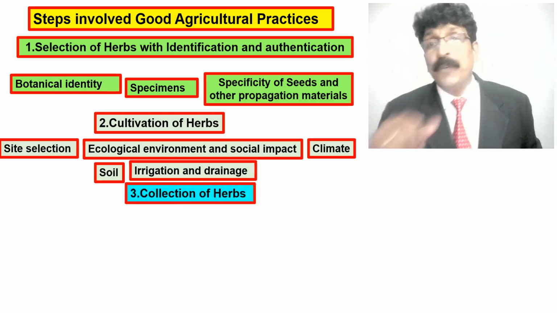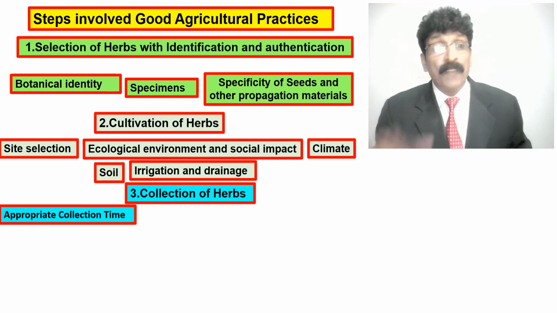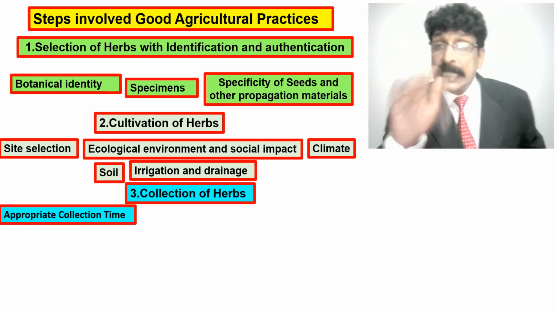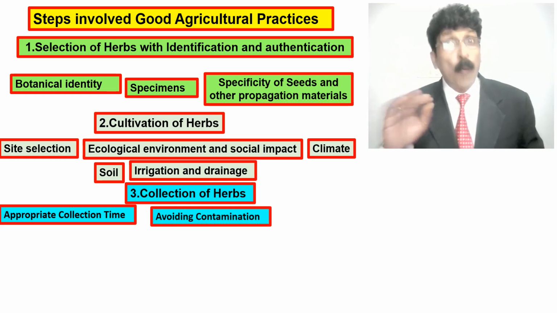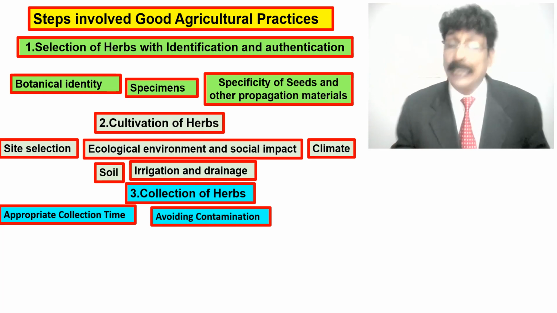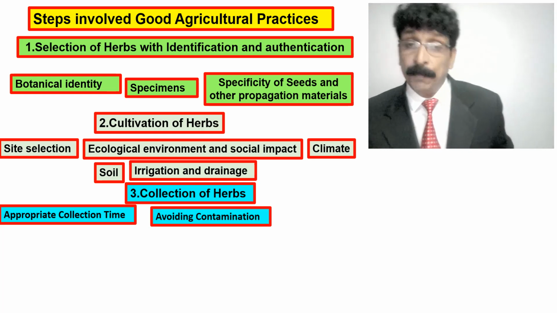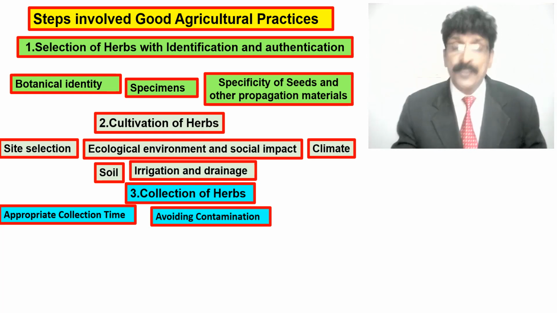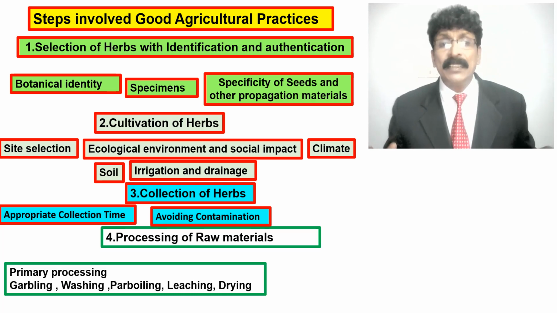Collection of herbs, it is very important. Collection of herb, appropriate collection time you should collect. And avoiding contamination during collection is very important for medicinal plants or medicinal herbs in good agriculture practice. Processing of raw materials.